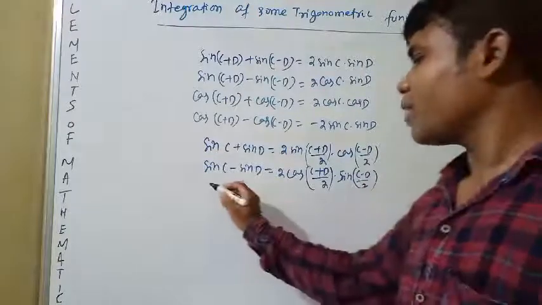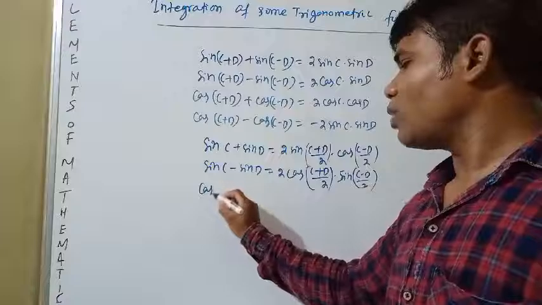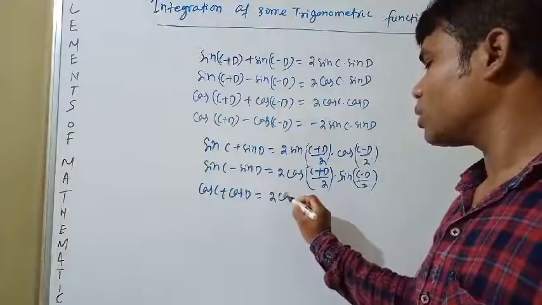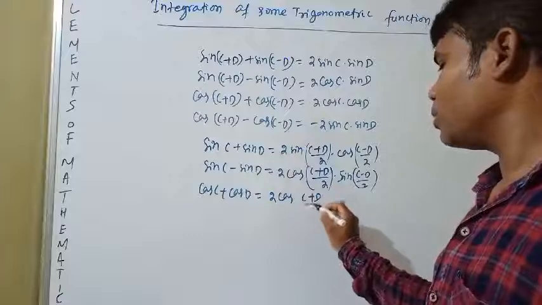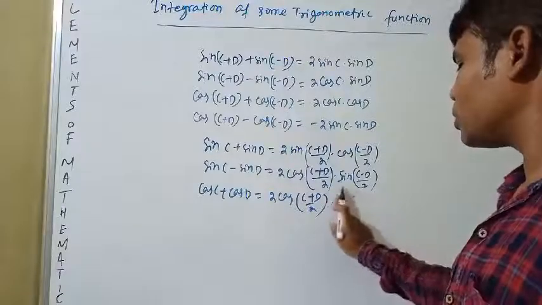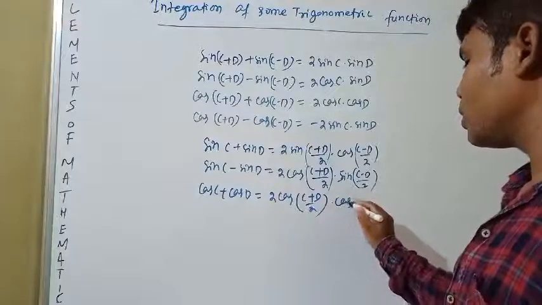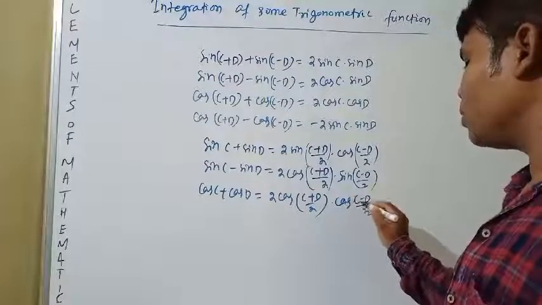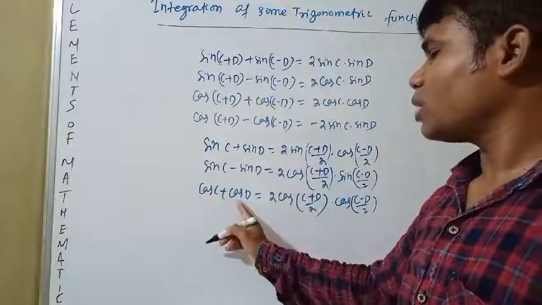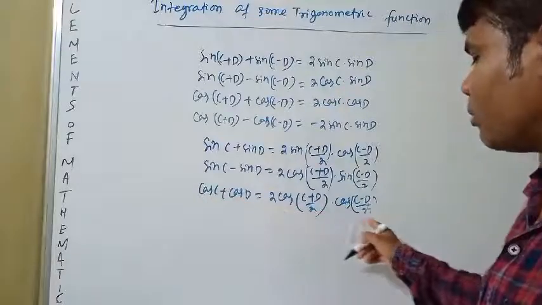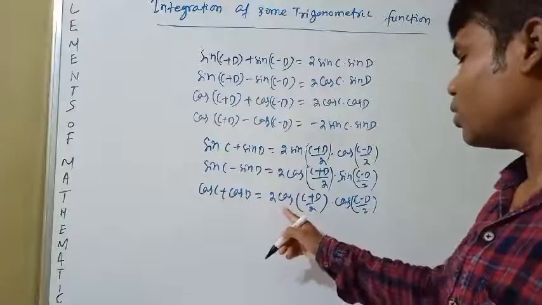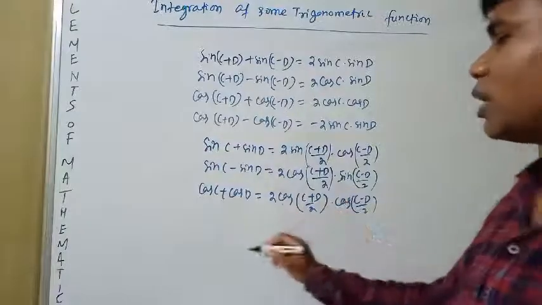Next, cos c plus cos d is equal to 2 cos((c+d)/2) into cos((c-d)/2). You remember it: if cos c plus cos d is given, then cos comes in both places.